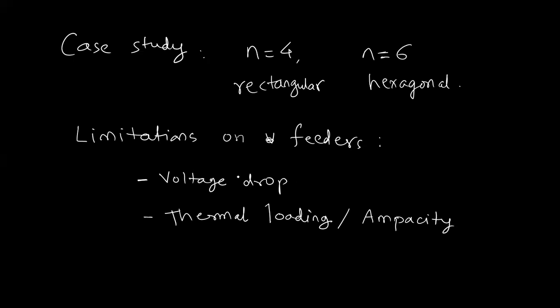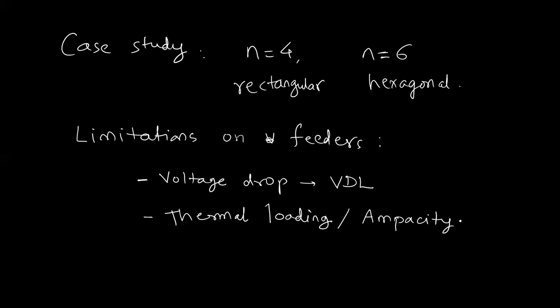So what do we mean by this kind of feeder? When the feeder is voltage drop limited, in short called VDL, we cannot add extra load on the feeder because the remotest end of the feeder experiences a voltage drop which is not permissible. So the main limit is the voltage drop.